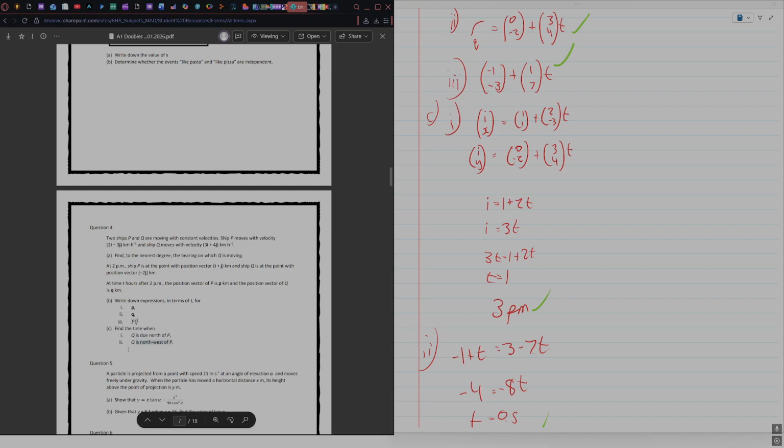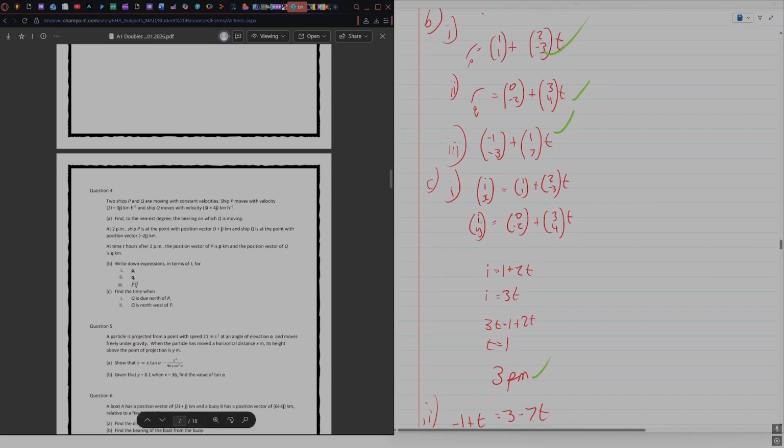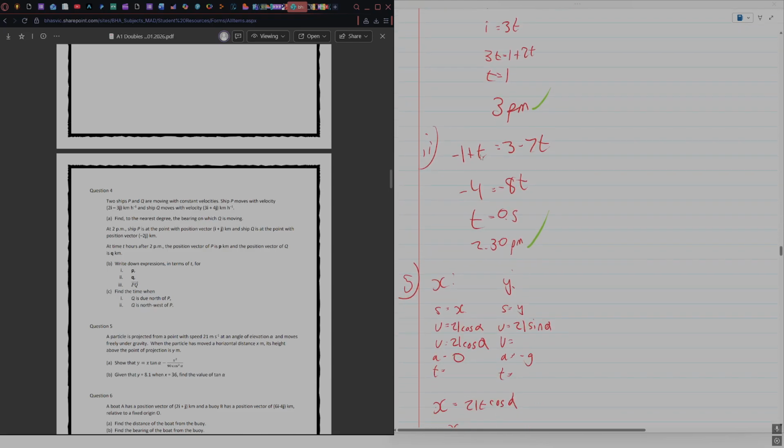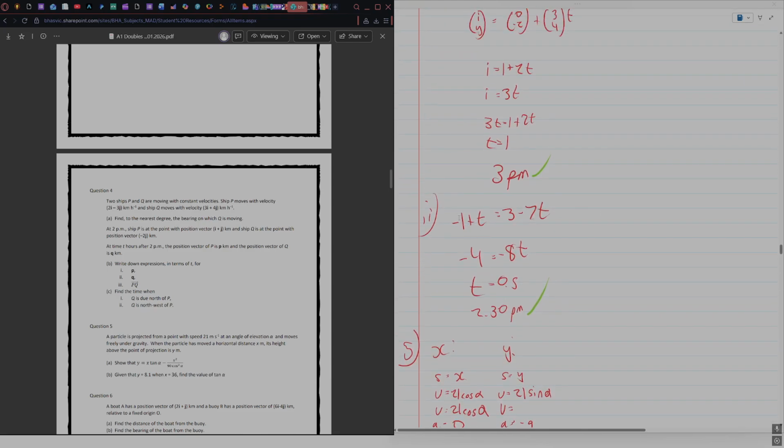Then this one was weird. With north you can just say that they both have the same i component, but when Q is northwest of P and not the origin, what I initially did was the same thing, except I used i and j for this one, and then i plus x, j plus x, because Q is the same i and j component away from P. But actually I realized that you can just set the PQ components equal to each other.